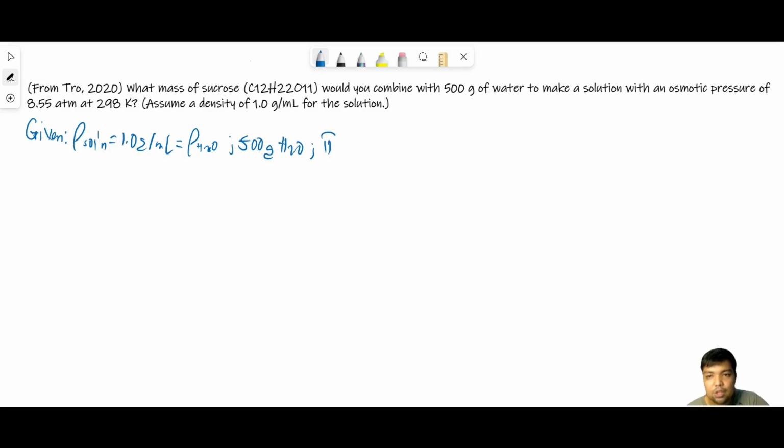The osmotic pressure of your solution is 8.55 atmospheres, and the temperature is 298 Kelvin. So what is required is the mass of your sucrose in grams. Let's say we abbreviate sucrose as SUC or SC.